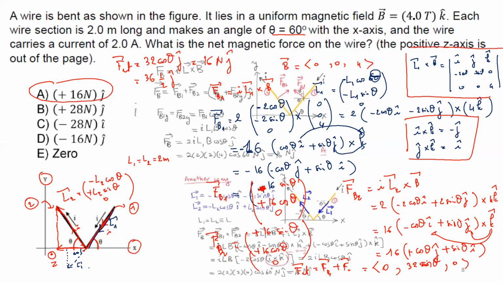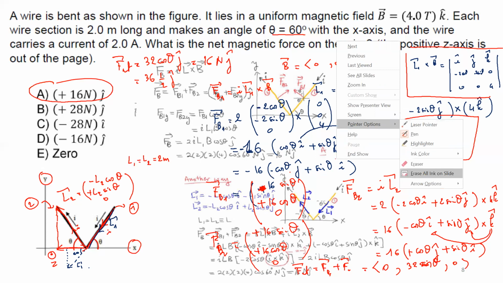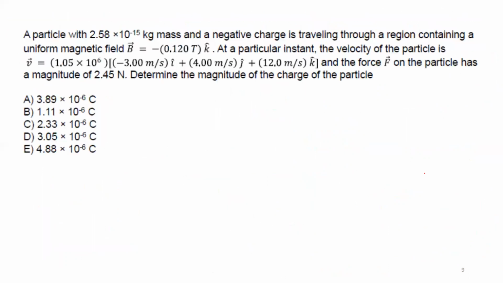Let me just erase this, and the solution is given here. Here I used the second approach. There are many ways to solve the same problem. You do it as quickly as possible and without a mistake, of course.